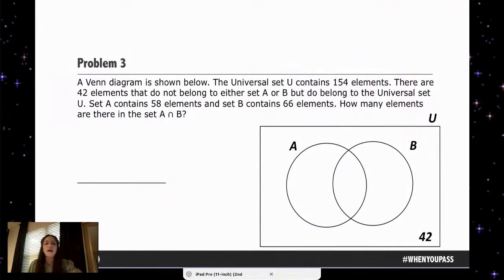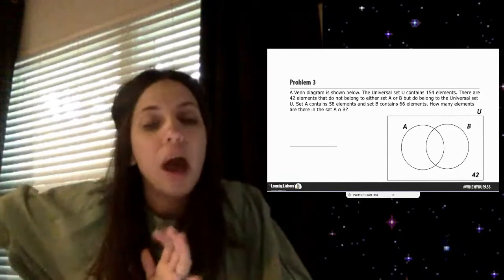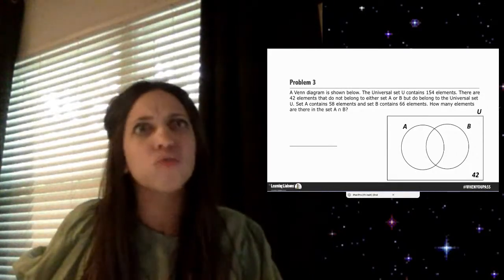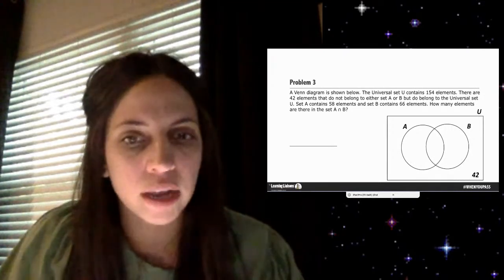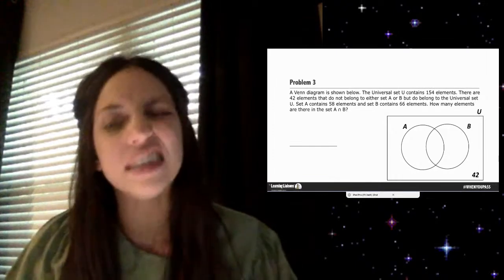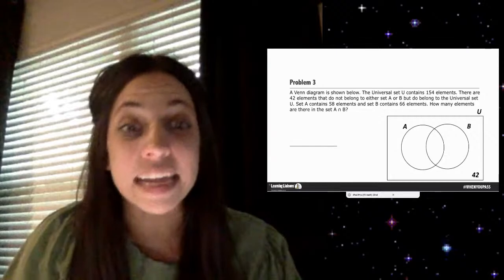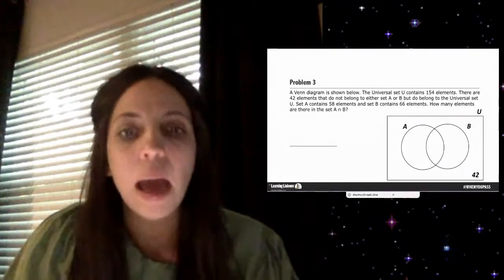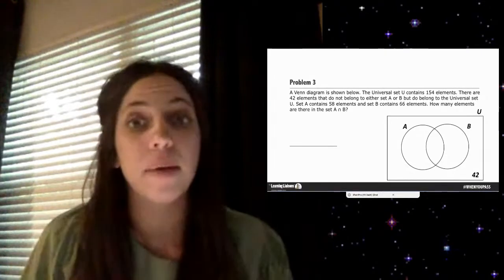All right, let me just start by saying these next few problems, there's probably like 3 or 4 that are all going to be Venn diagrams. These next few problems are all different kinds of Venn diagrams. Everybody needs to understand Venn diagrams and what they mean, but the notation is not necessarily required of everybody.